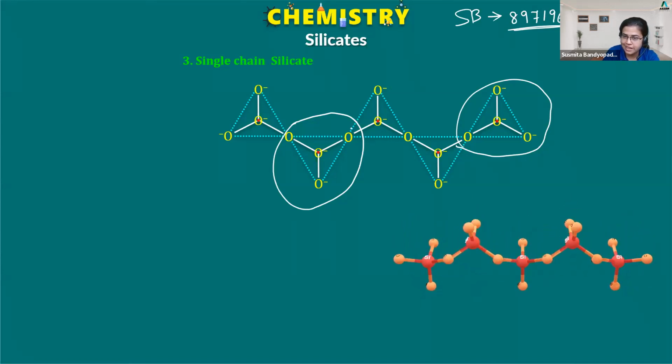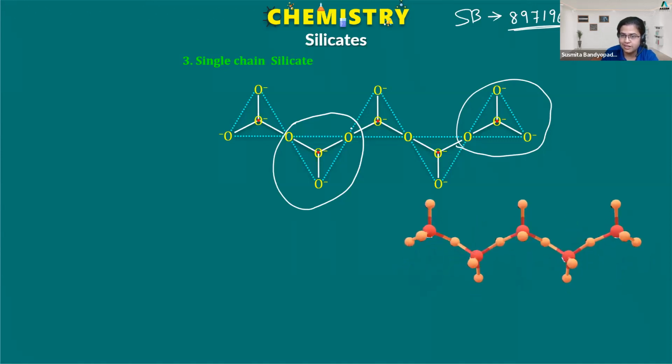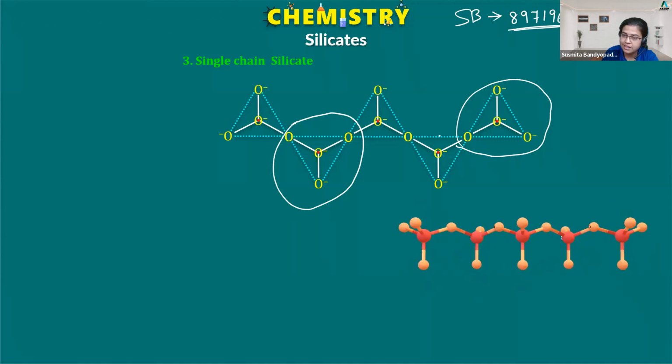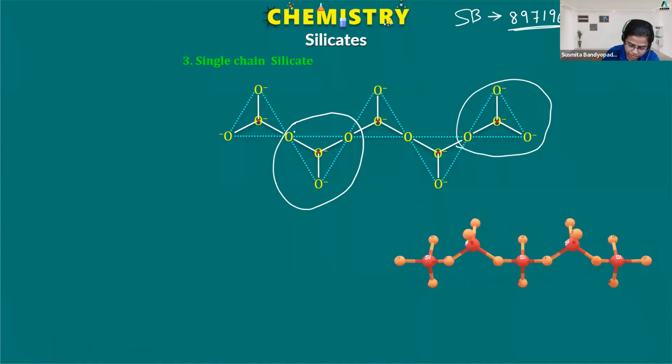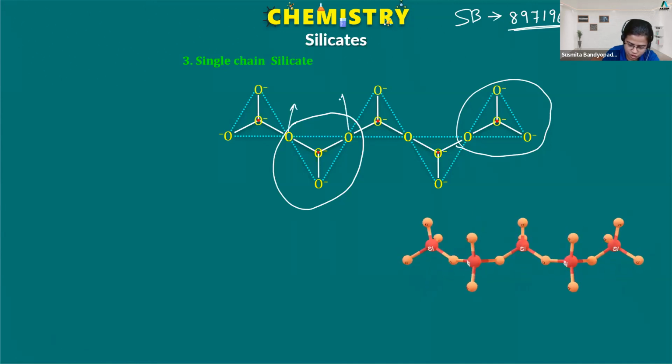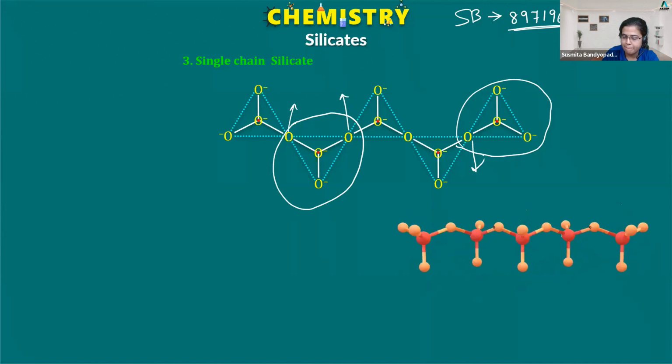Have a look again, think. Corner one, only one it is sharing. The one at the center, other than the corner, is sharing two oxygens here. This is shared and this is shared. For the corner, only this one is shared. Agreed?